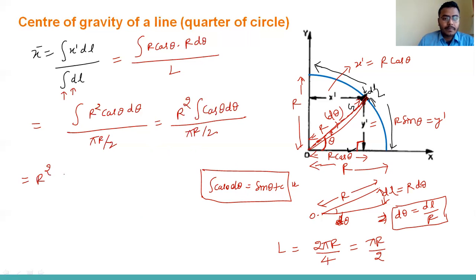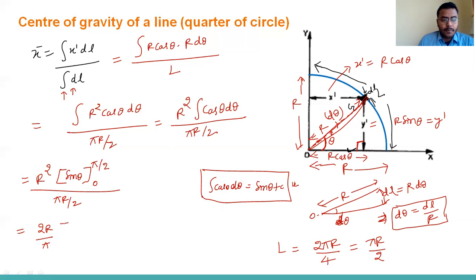R square integration sine theta. Now, what is the limit? Lower limit will be 0. Upper limit will be pi by 2, that is 90 degree. Divide by pi r by 2. R will cancel, so it will become 2r divided by pi.